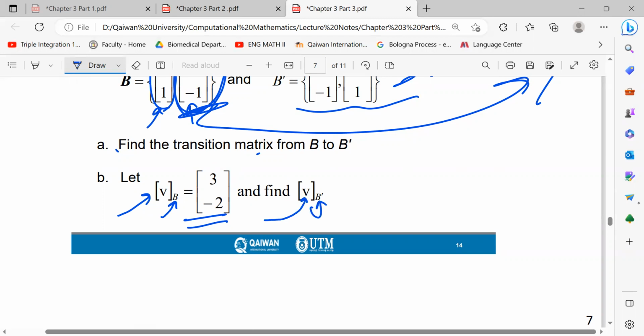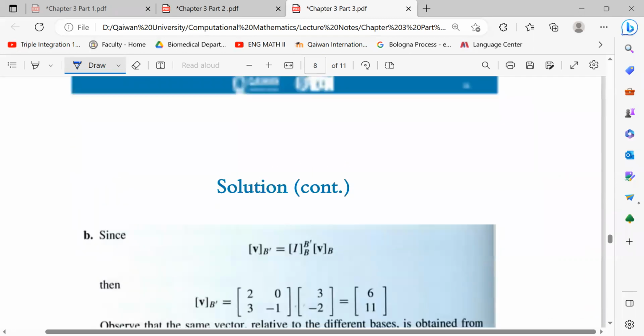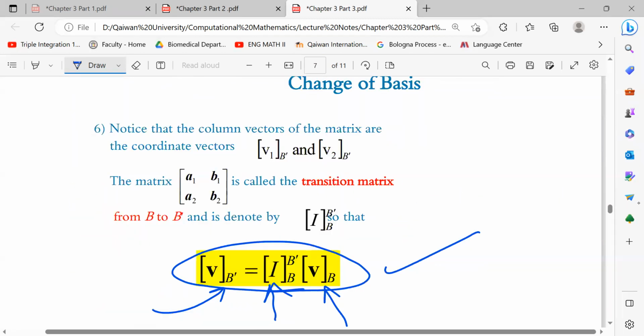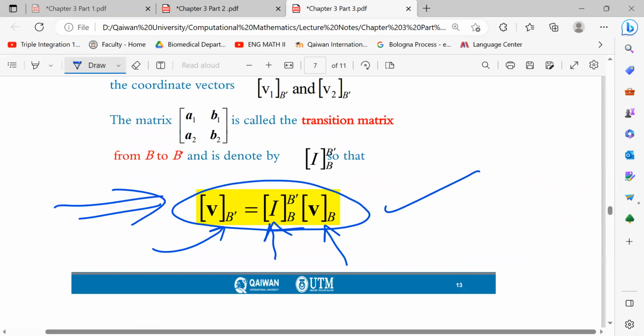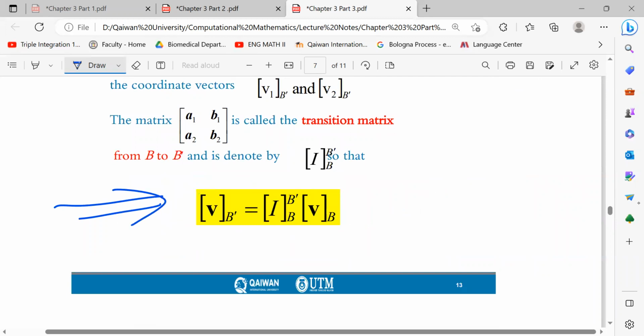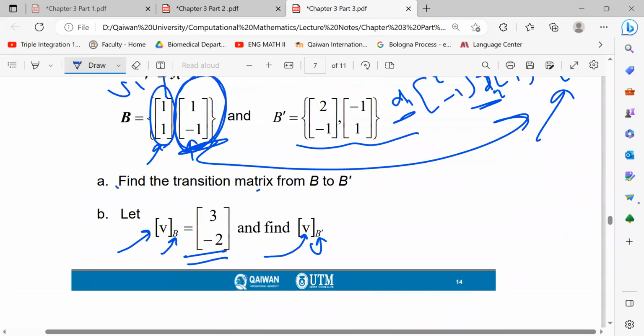We need to find it for B dash. Look here, we use this rule. We just use this rule. It's just the multiplication of the transition matrix with the coordinates of V relative to B. Coordinates of V relative to B is given. Okay, it must be given in the example.